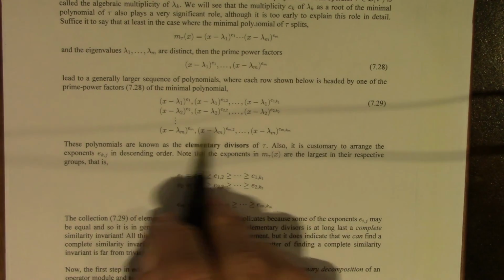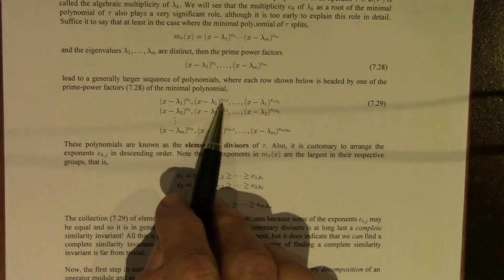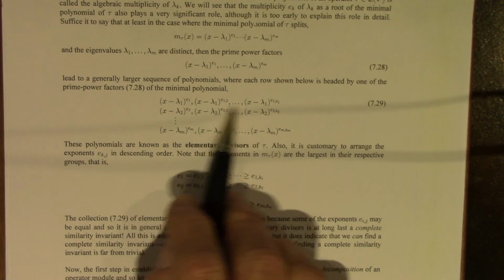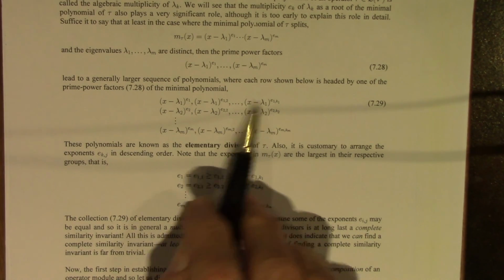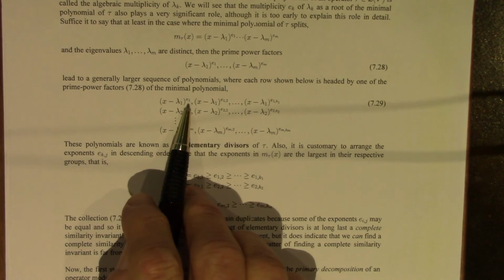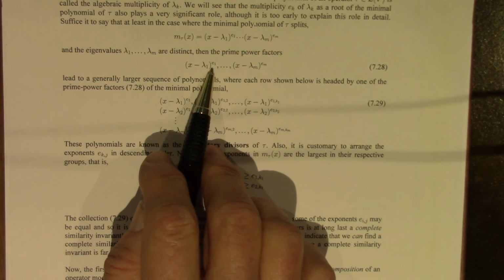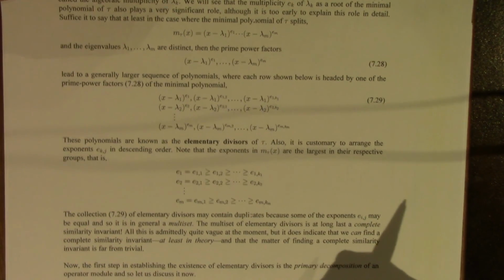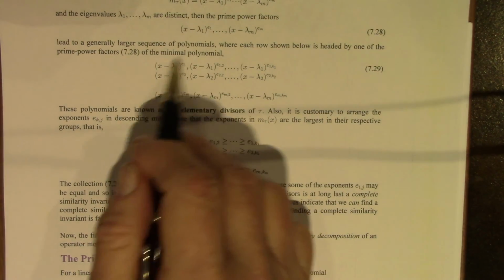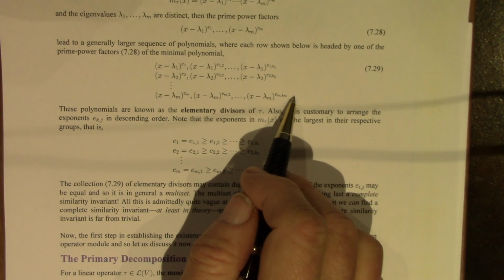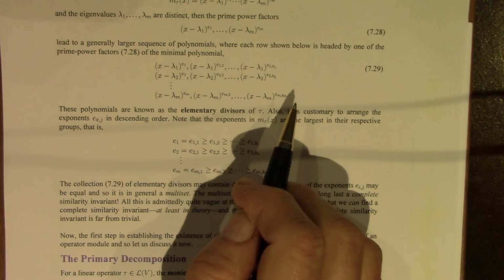Now this collection may contain duplicates. In a given row, some of these exponents may be the same. None of them are bigger than e1 here, which is the power that comes from the minimal polynomial. So this is in fact a multi-set in general, the elementary divisors.